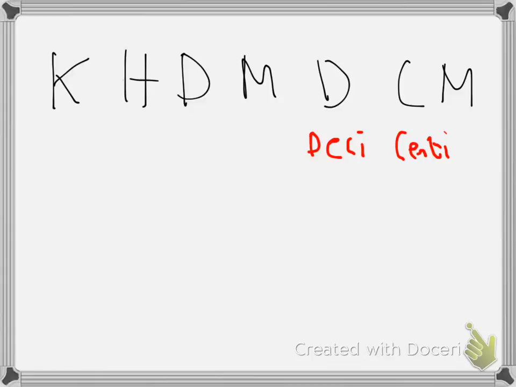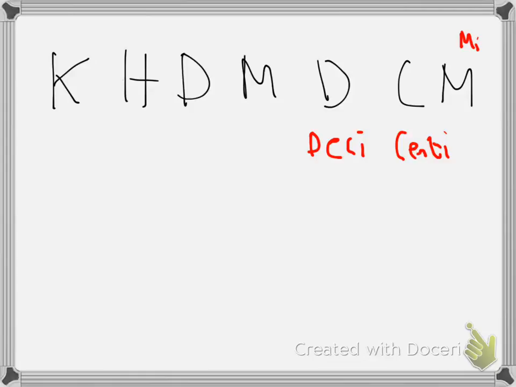And this one over here stands for milli. So that's milli. And then over here on this side, that is deca. And then it's hecto. And then it's kilo. And I'm going to press pause.